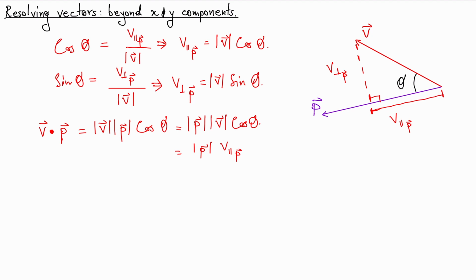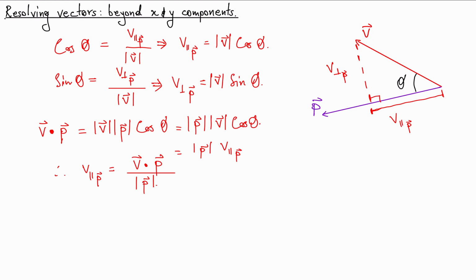Which means V parallel P bar is going to be V dot P divided by P bar.